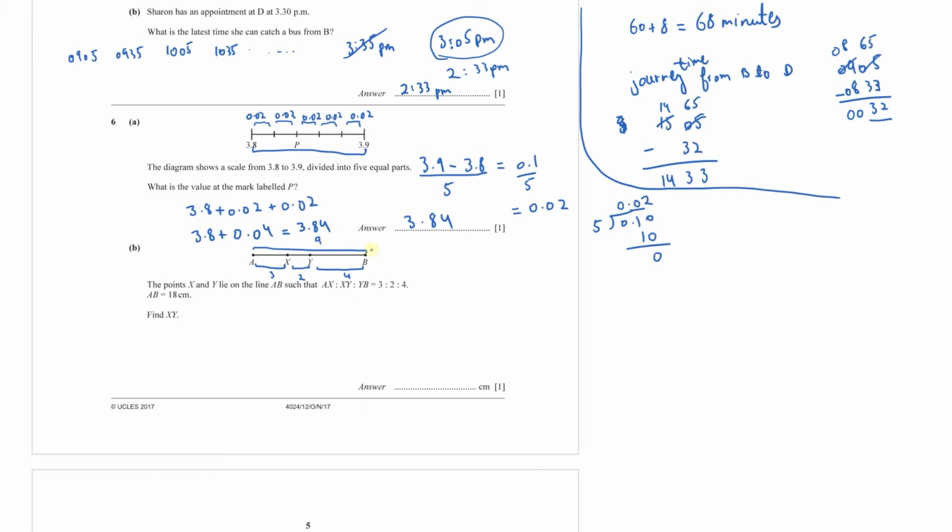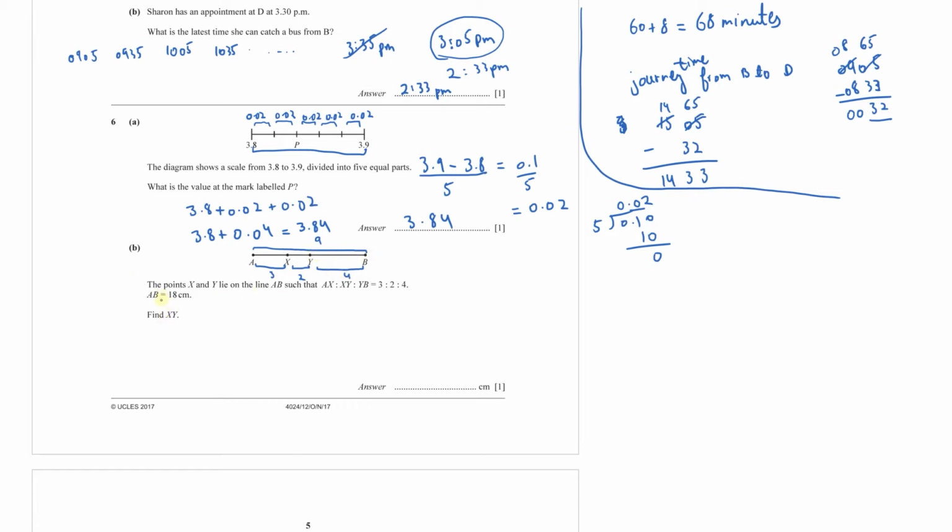So if this whole length is 9, AX would be 3, XY would be 2, YB would be 4. So AX is 3 by 9 of AB, XY is 2 by 9 of AB, and YB is 4 by 9 of AB. Or you can say AX is 3 parts, XY is 2 parts, and YB is 4 parts.